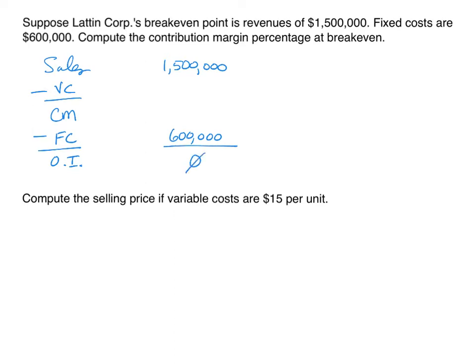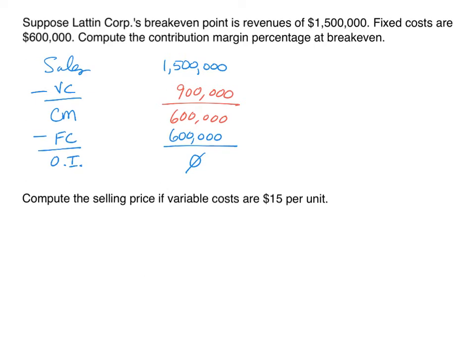And the only way that operating income can be zero in this income statement is if contribution margin and fixed cost are equal. So contribution margin will also have to be $600,000 to make this equation work. So we're basically working backward. If contribution margin is $600,000, then variable cost must be $900,000.